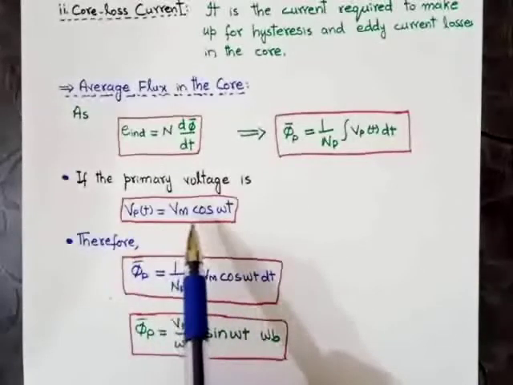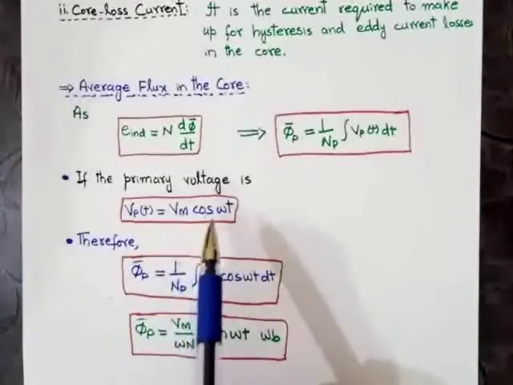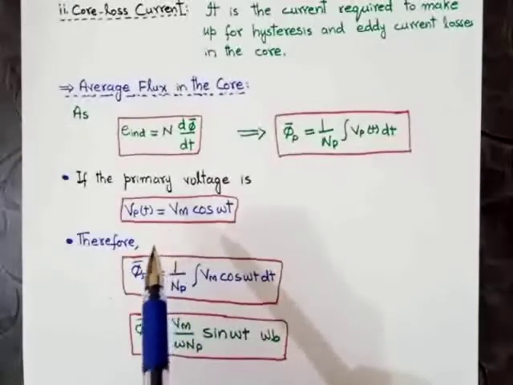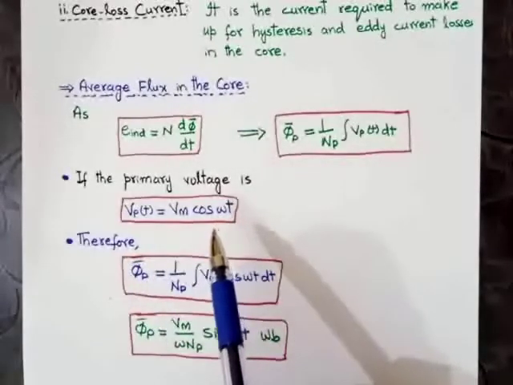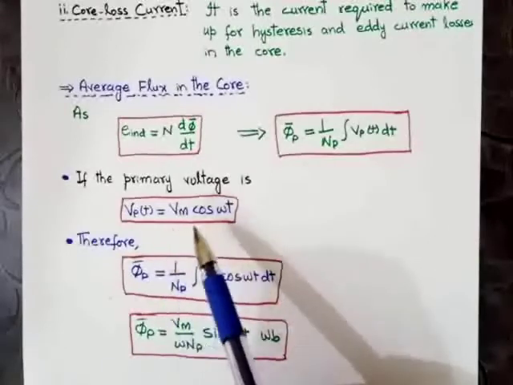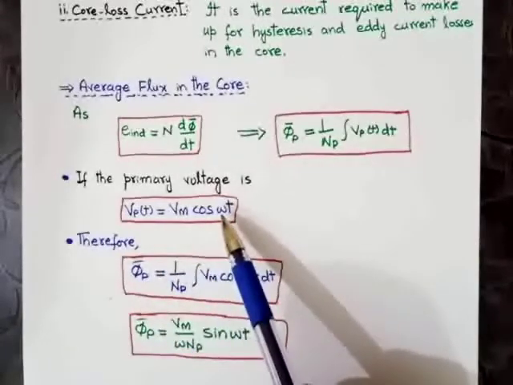And this is the applied voltage across the primary circuit. As you can see in this equation, the applied voltage is in the cosine form and the flux produced due to primary circuit is in the form of sine. The flux is in the sinusoidal form and the applied voltage is in the form of cos omega t.